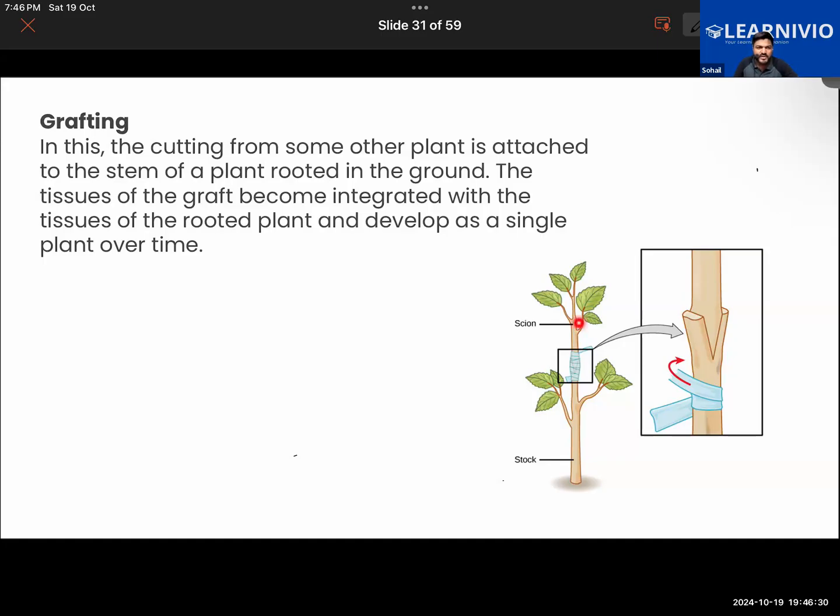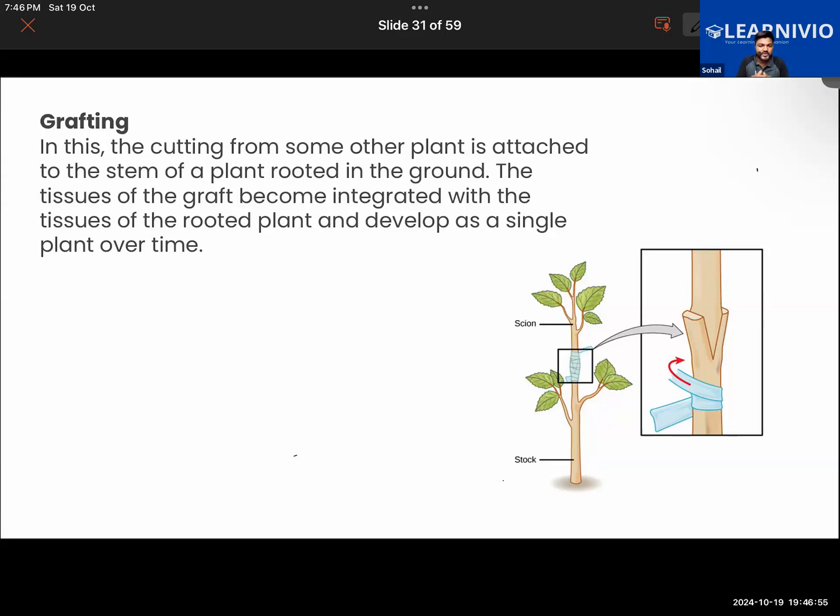In this, we take the stem of one of the plants, and it has been attached to the stem of another plant that is rooted into the ground. Getting it, guys? So this stem is rooted in the ground, and you have taken the stem from another plant.